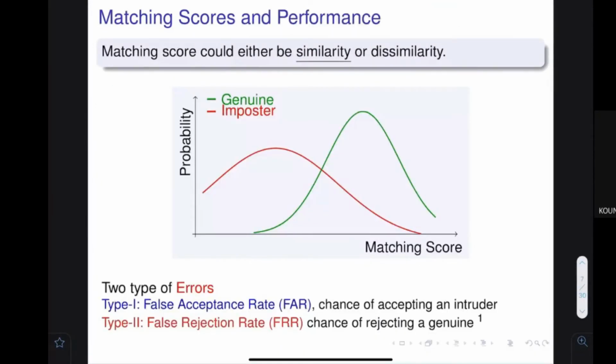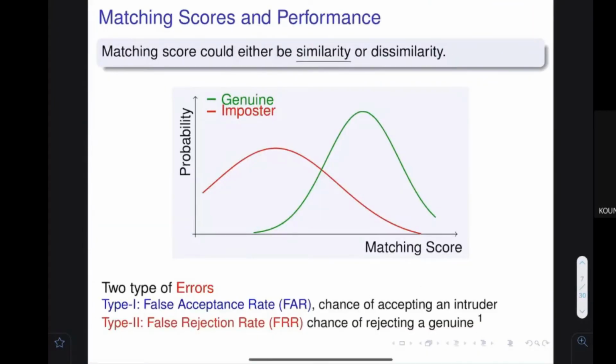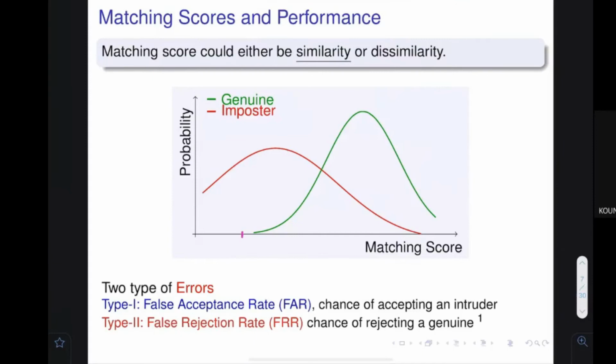Now if you separate out all the genuine scores and all the imposter scores, you can plot their histogram of matching scores, where probability means the probability of that particular score. That is not very difficult to find, because you take how many total values you have, then divide and see what percentage of the items are there.